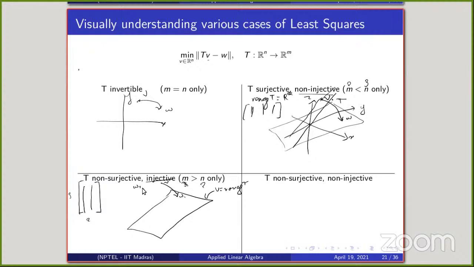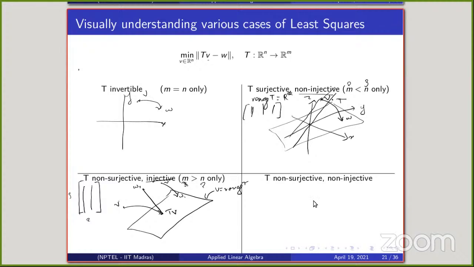So what we mean by that is we're trying to project the vector W onto the subspace range T. So if this is the projection, then this is the closest distance of W2 from the range of T. And in this case, because the map is injective, a unique V exists which maps to this value of TV. So this gives you probably a better picture of what least squares looks like in the case where it's not surjective but the map is injective.